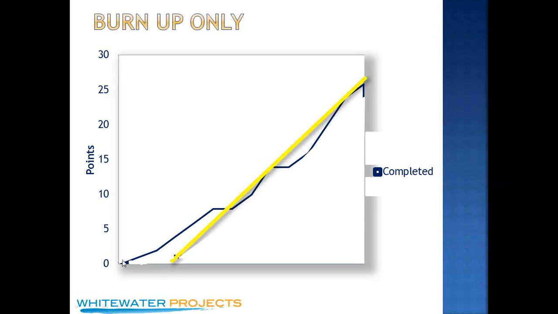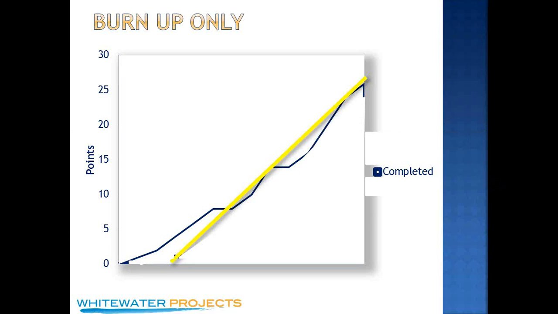Down across the bottom is a time scale. It could be releases, sprints, or weeks, depending on whether you're using Kanban or Scrum. If you're using Scrum, an iterative approach, then across the bottom here is the number of iterations. Up the vertical axis is the number of points that are completed over that amount of time.